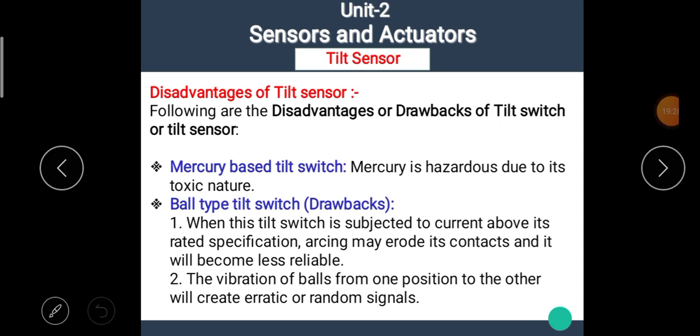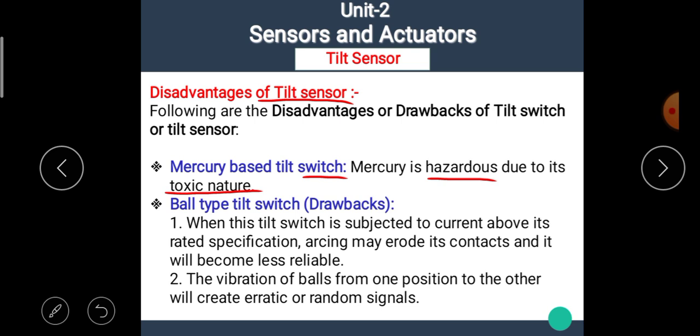Now let's see the disadvantages of the tilt sensor. First one is the disadvantage of the mercury based tilt switch. Mercury is hazardous due to its toxic nature.